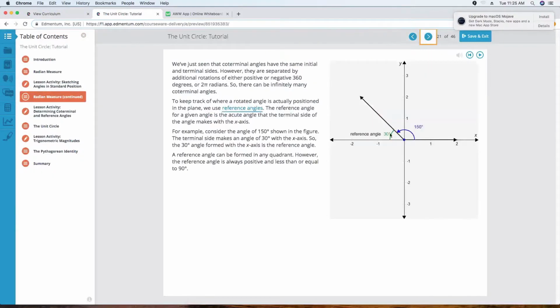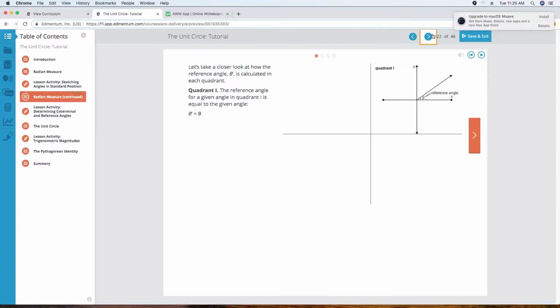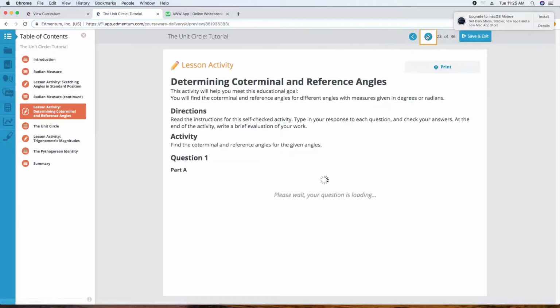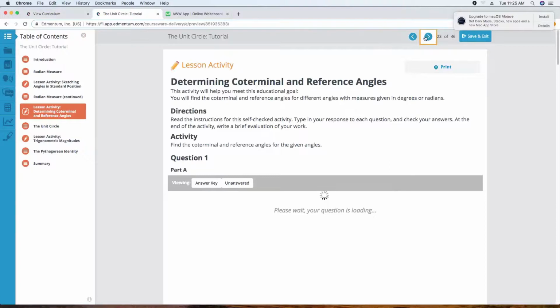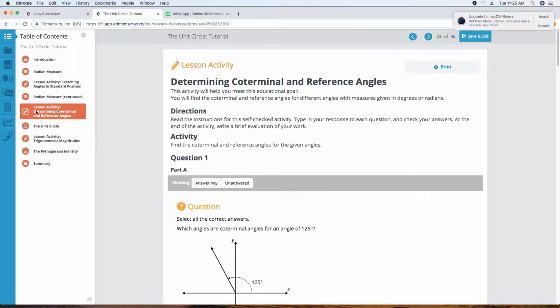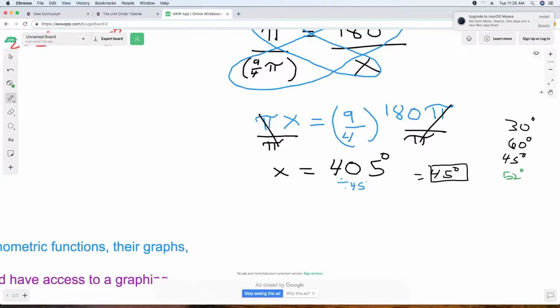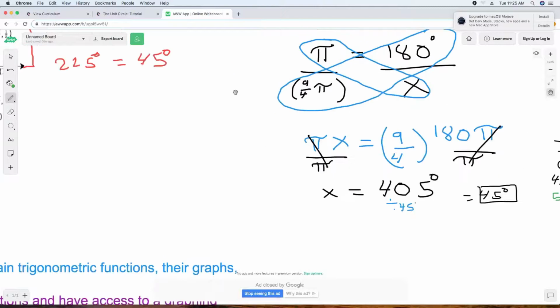On page 21, they talk about the reference angle, and 22, 23. So right here, if you have any difficulties with the reference angle, just start the tutorial from here. And that's all for angles.